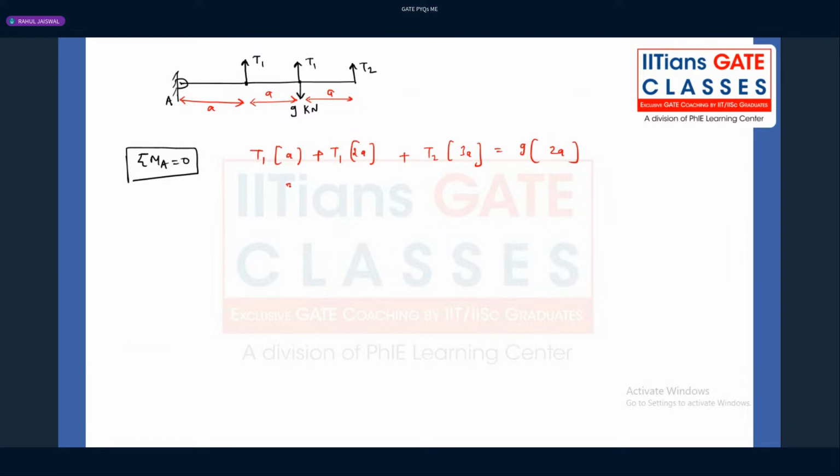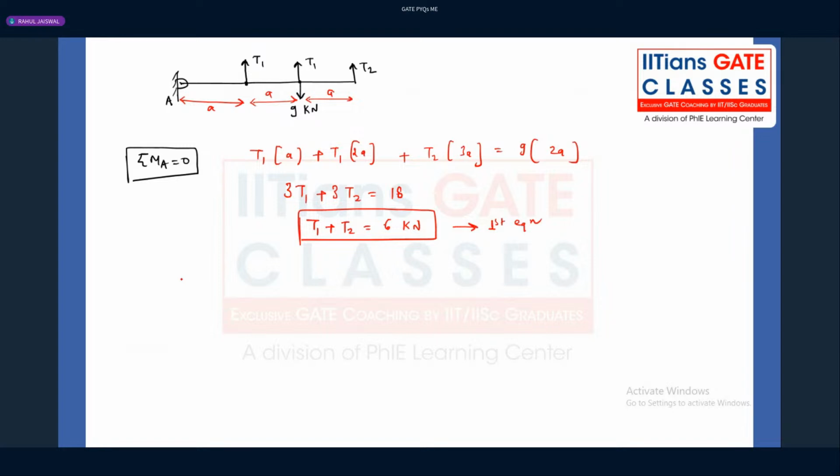Then what we can get? 3T1 plus 3T2 equals 18. Then T1 plus T2 is 6 kilonewton. That is the first equation.